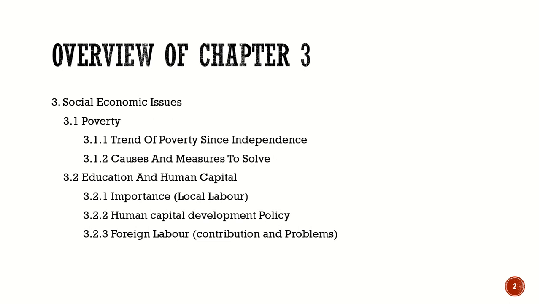Under the subtopic poverty, we have two things. First is the trend of poverty since independence, and number two, causes and the measures to solve poverty. So I'm talking about the solution to tackle the problem of poverty.